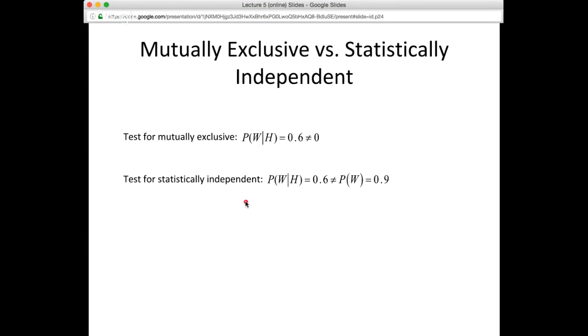And for statistical independence, if W and H were statistically independent, then the probability of W conditioned on H would simply be the probability of W, which we know from the problem statement is 0.9. And 0.9 is not equal to 0.6, which was the value of the conditional probability given in the problem statement. Therefore, these two events, W and H, are not statistically independent, which is another way of saying they are statistically dependent.